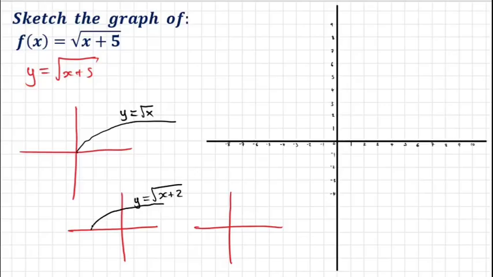So it is now starting at negative 2 here. As long as you have a positive inside, the graph is shifted to the left. But if you have a negative, the graph will be shifted to the right. So this can be y is equals to the square root of x, maybe minus 3, meaning that it's starting here at 3. So a positive sign inside the square root shifts the graph to the left, while a negative sign shifts the graph to the right.